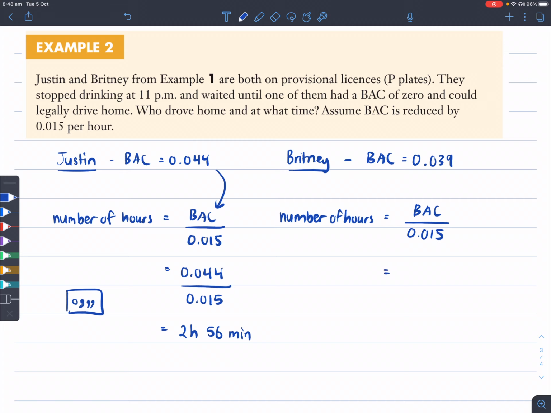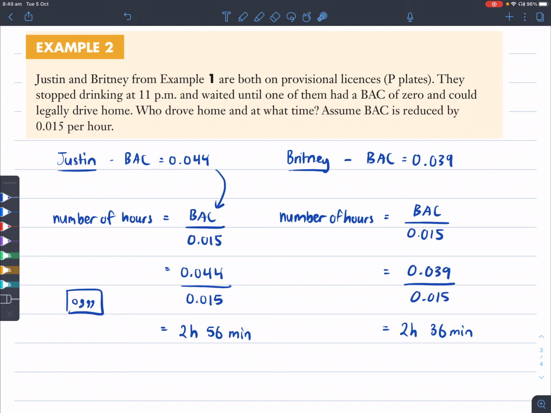Okay, so we're going to have 0.039 all over 0.015. Okay, and so what that gives you is 2.6, or if you press the degrees, minutes, seconds button, you will have 2 hours and 36 minutes.